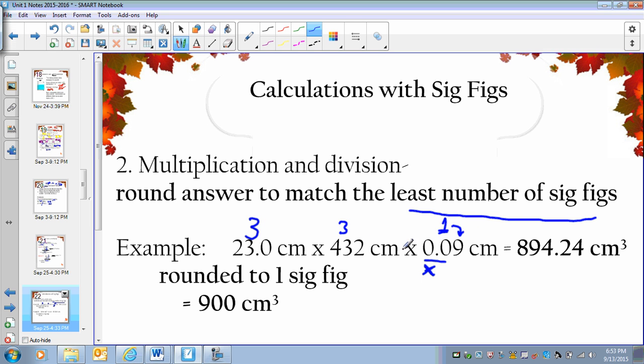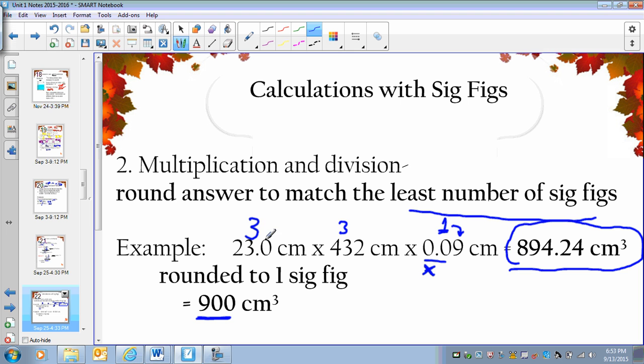When I multiply these 3 numbers, this is the answer that I get from the calculator. And I need to round it to make sure that there is only 1 significant digit in my answer. So this is where I will round it. Don't hesitate to round big, because we need to make sure we follow the sig fig rules.